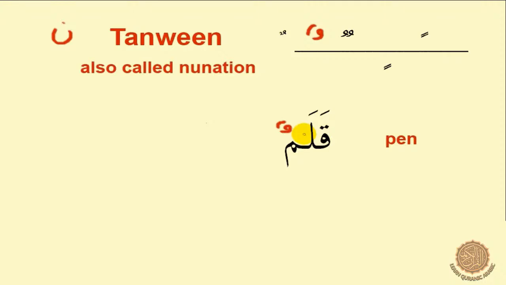It's pronounced as the following. It's the dhamma at the end, followed by, let's take this off, because we're going to put a noon at the end. A noon. With a sukun. So, qalamun. That's how it's pronounced, and this is how it's written. So you never write a tanween like this.